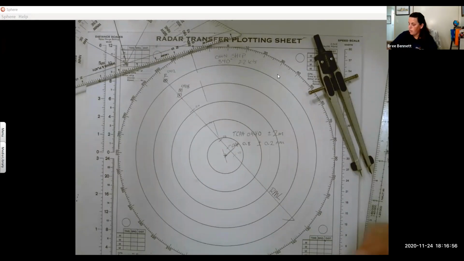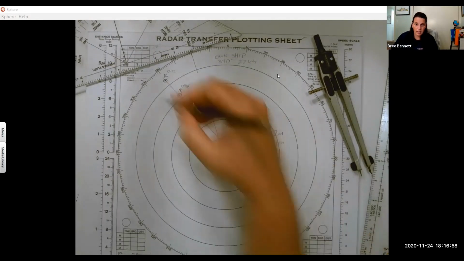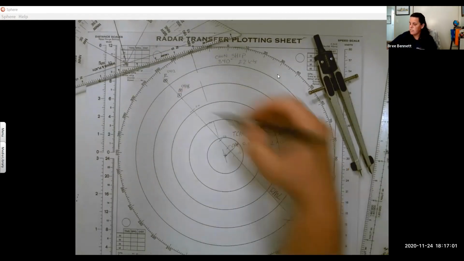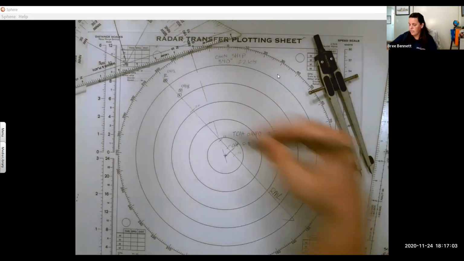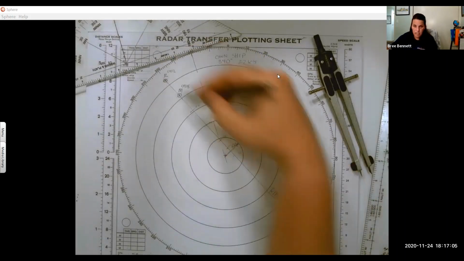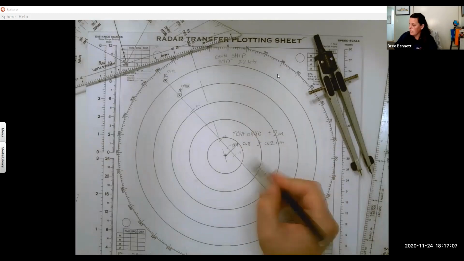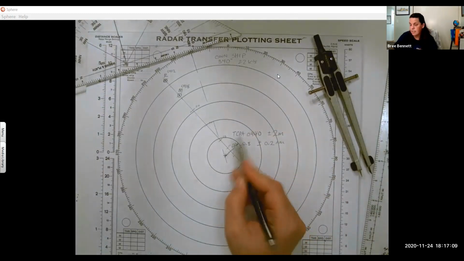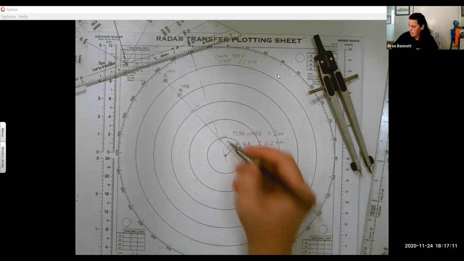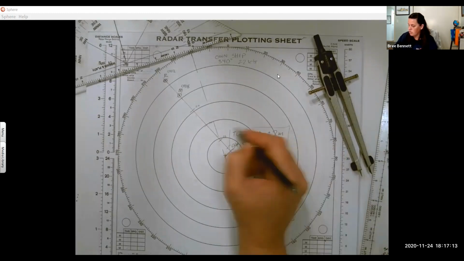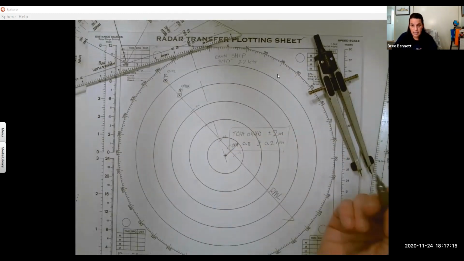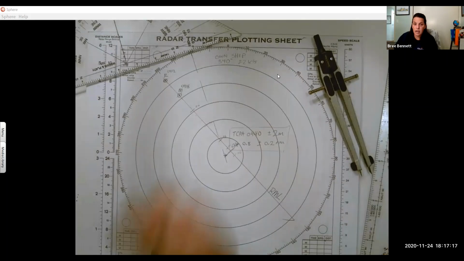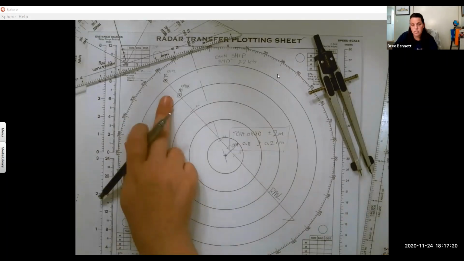Okay, so that is our first part, looking at the relative motion. So this is basically, we could get our speed of relative motion, direction of relative motion, but what we're getting here is our CPA and time of CPA for our relative motion line. Our next step is to figure out their ship, so the other ship's course and speed.